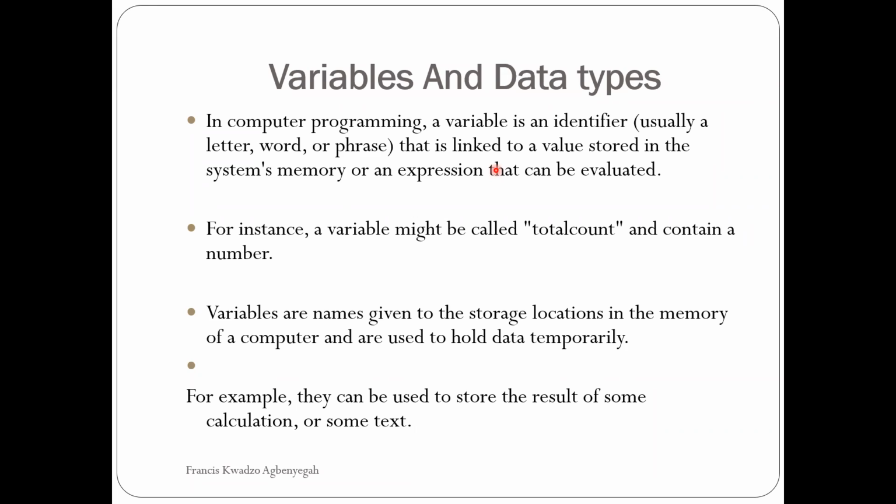And one way you can do that is by declaring a variable and assigning it a data type. So shortly, we'll look at how data types are, and why, when you declare a variable, you need to assign a data type to it. So for example, you can have a variable that you call total count. This word here, total count, is the name of our variable, or an identifier that contains a number.